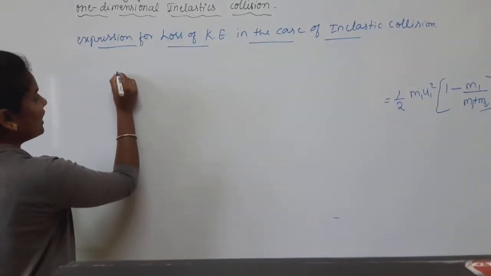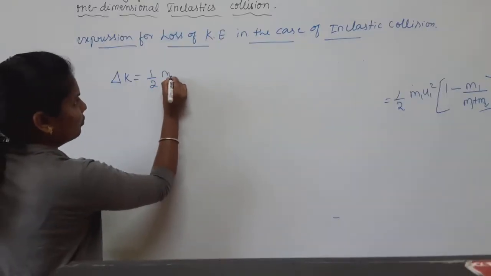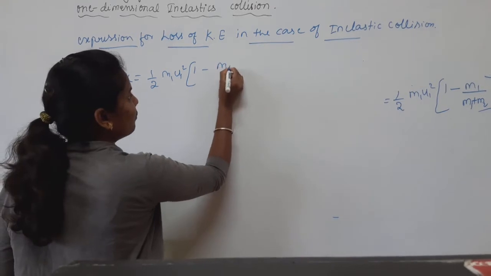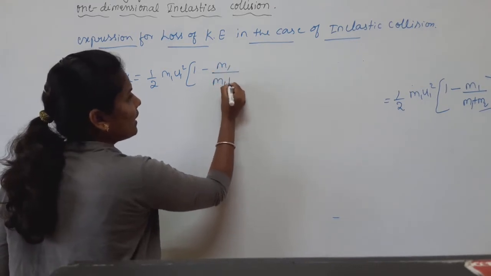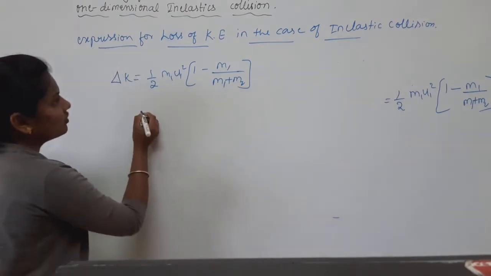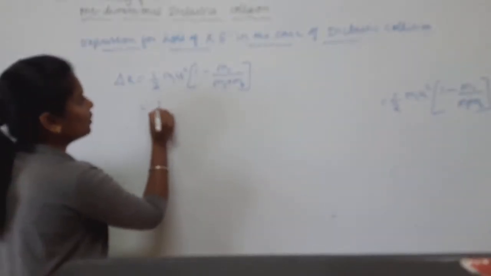Change in kinetic energy, delta K, equals 1 by 2 m1 u1 square times [1 minus m1 by (m1 plus m2)].